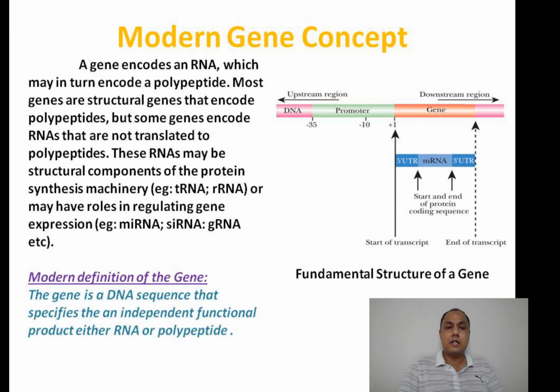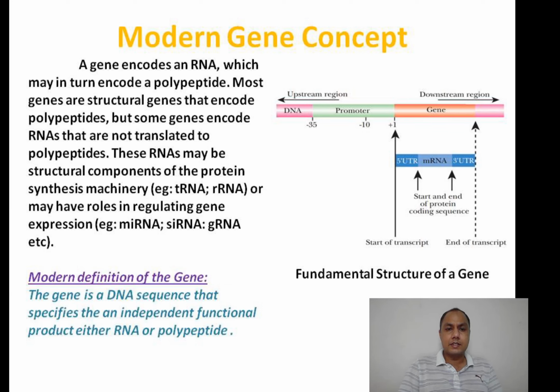So what is the ultimate definition that comes to our mind while considering all these modern aspects and research? We can say that the gene is a DNA sequence that specifies an independent functional product that may be a polypeptide or RNA, whatever the kind of RNA.